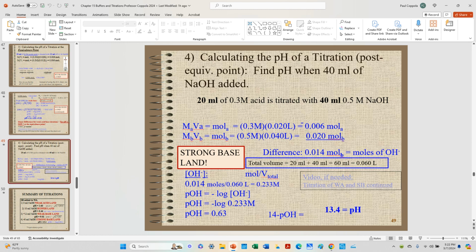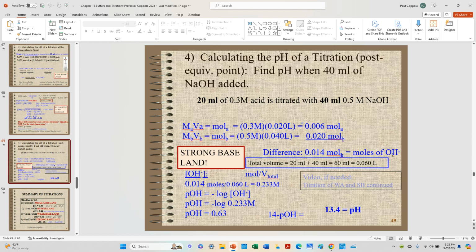So again, we compute how many moles of each we have. Now we're adding 40 milliliters of NaOH. So we have 0.3 times 0.02, and we get that number of moles. Now we have more moles of the base, which is the hydroxide. Subtract that and we get this number of moles of hydroxide.